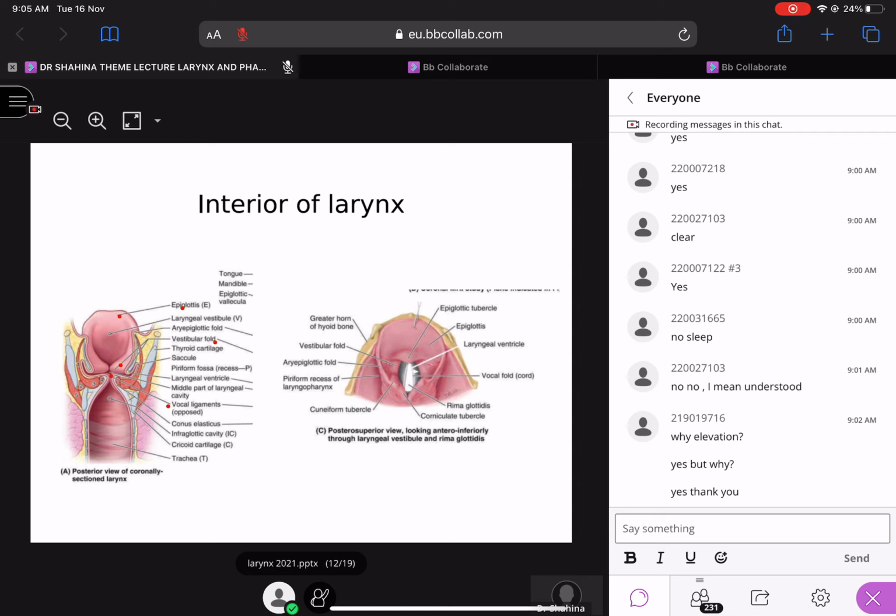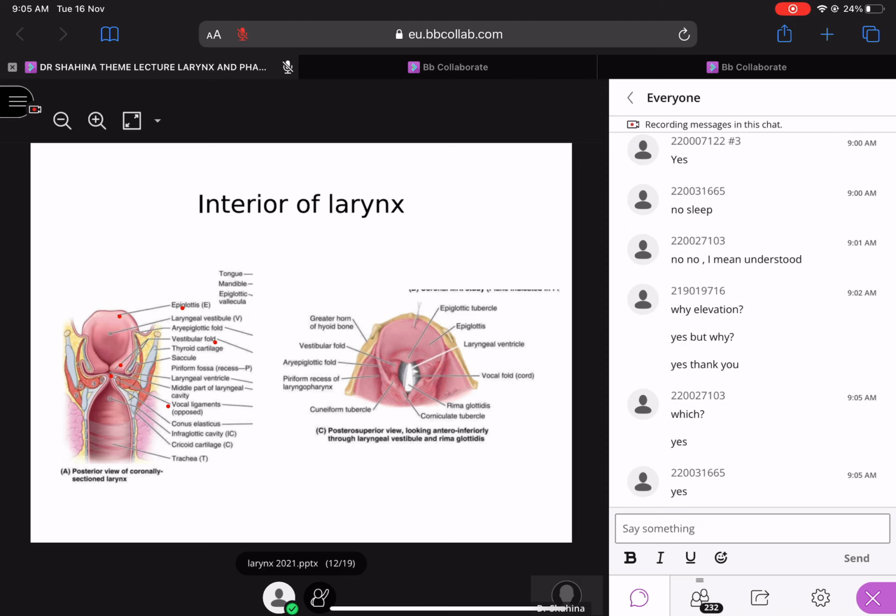So now in the interior of the larynx, I did the red dots. One minute, I will enlarge it. Can you see the red dots now? So this is the epiglottis. Now as you go down, you are coming into the region of the arytenoid.